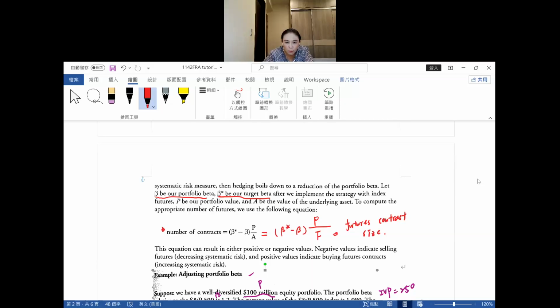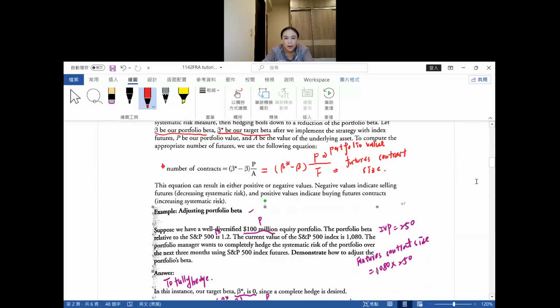P stands for the portfolio value that we intend to hedge. And we know already, if this is positive, then we should go long more contracts. If it's negative, we should go short more contracts.